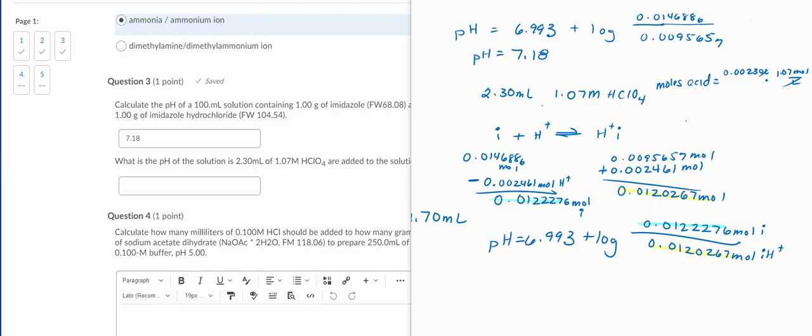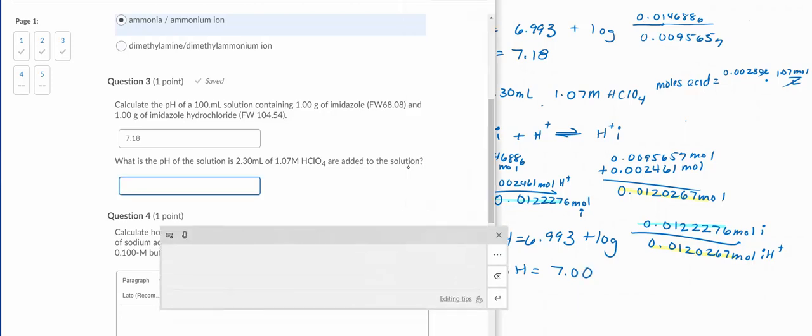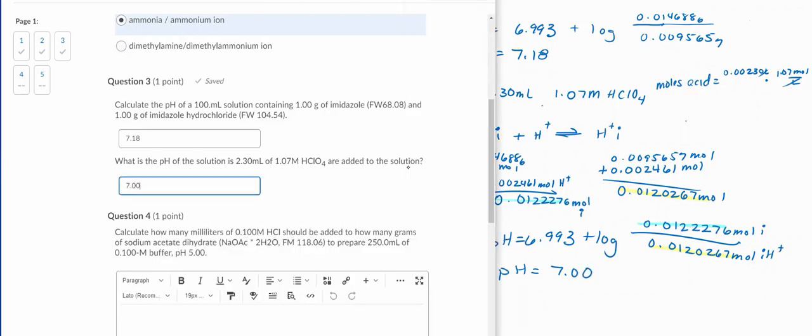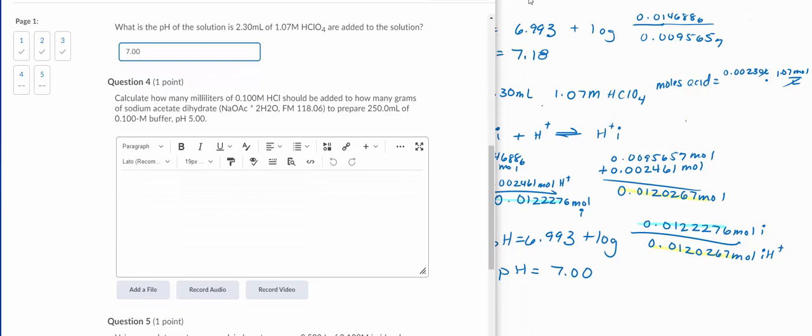So now I can calculate my new pH at 6.993 plus the log of my ratio, 0.012276 divided by 0.0120267. And I get my new pH is then 7.00. Now that makes sense, and it makes sense because when we add a strong acid, we expect that our pH will get lower. We'll push more towards the acid.